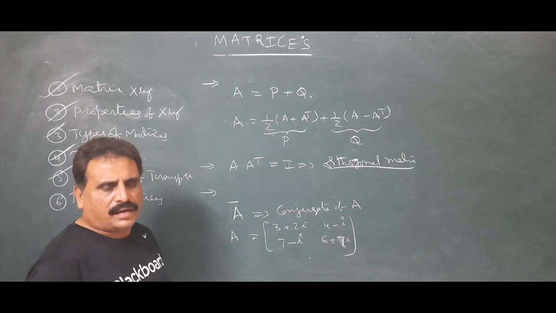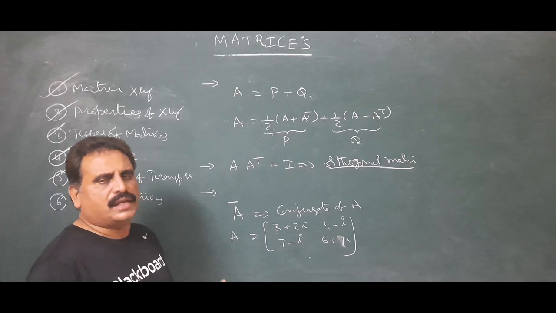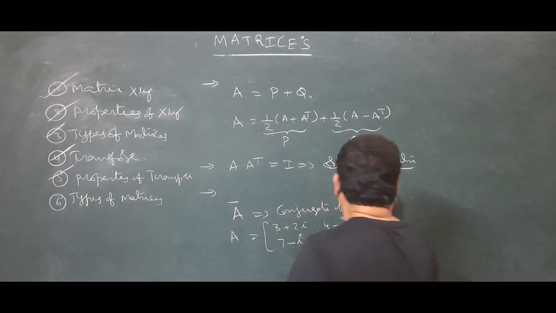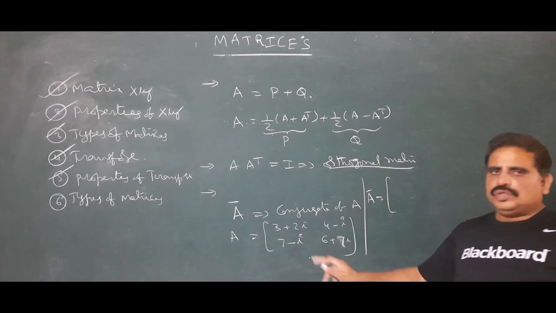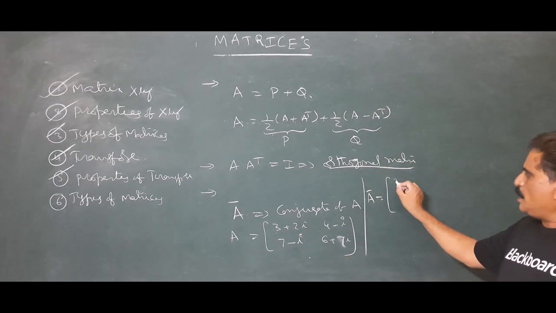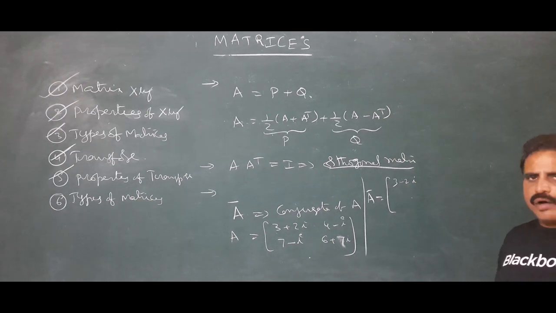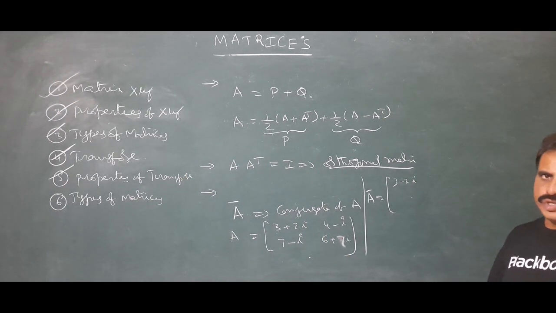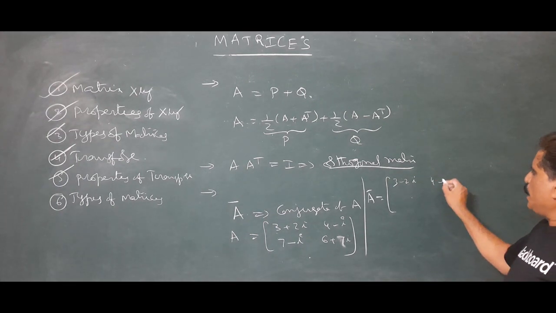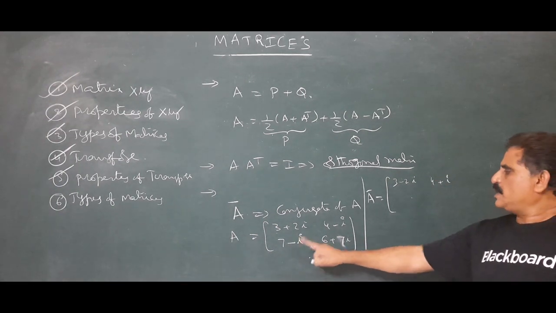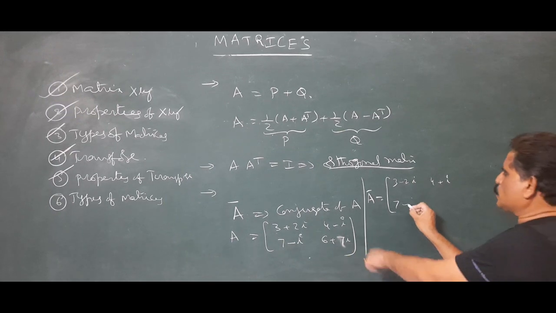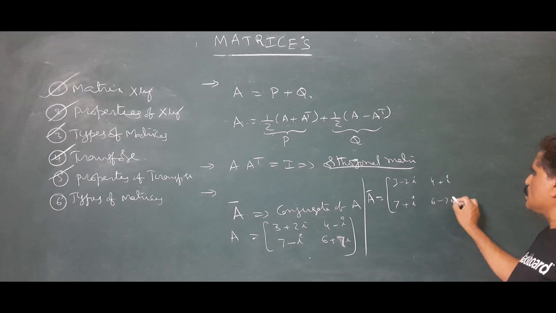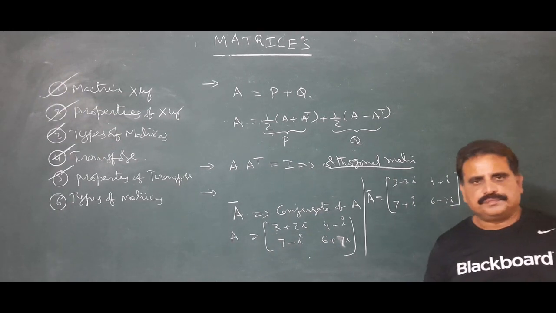The conjugate of a complex number x plus iy is x minus iy. So here A bar: the conjugate of 3 plus 2i is 3 minus 2i. We just have to change i to minus i. That is the conjugate. Then 4 plus i, 7 plus i, 6 minus 7i. This is called the conjugate of a matrix.